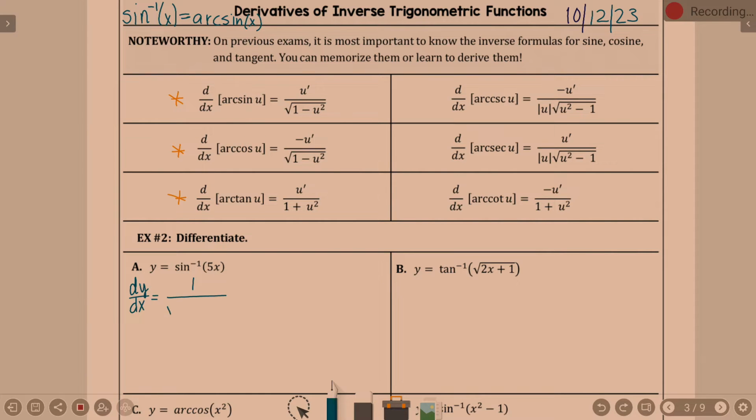Now, square root of 1 minus, what is our u? 5x, right? So realize, u is our 5x. So that means we're going to be doing 5x quantity squared, right? So square root of 1 minus u squared.